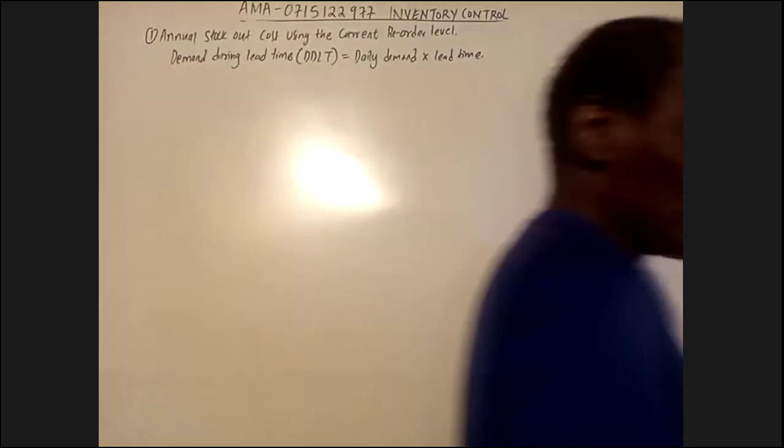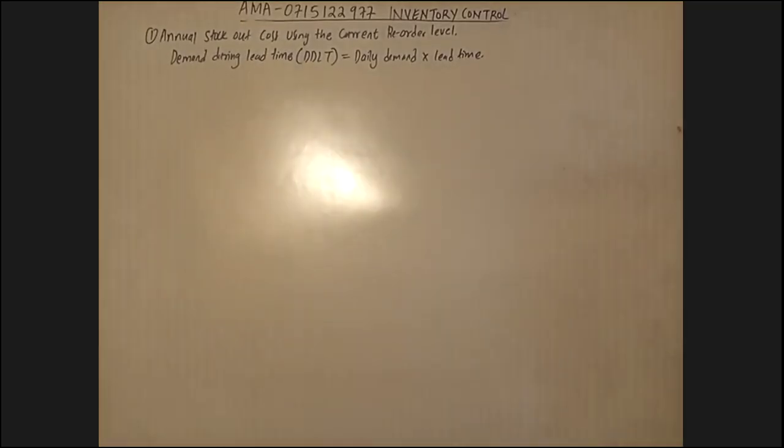Now, let's go to our question. What is our lead time? Information number 1: it is estimated that annual demand is 12,000 units, the purchase price per unit is 100, the selling price per unit is 55.